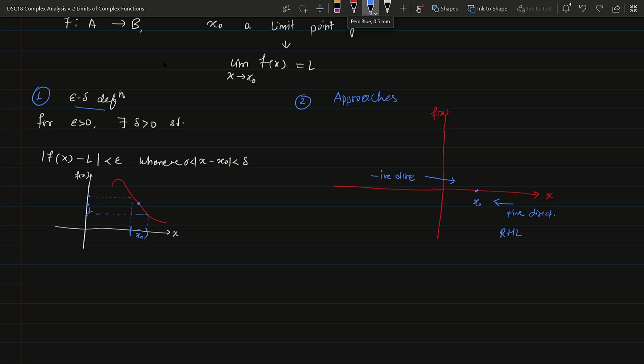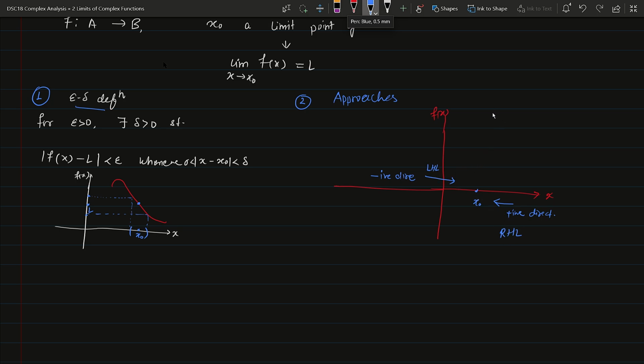And in that case, whatever the value of the limit is, that is known as LHL. So to approach x naught, we have only two ways. Either we can approach x naught from the right hand side, or we can approach from the left hand side. In both cases we have two limits, RHL and LHL.